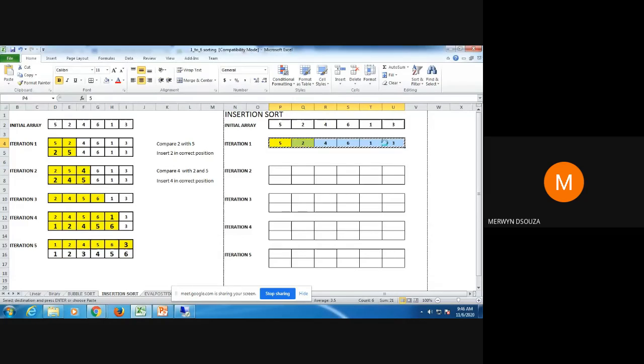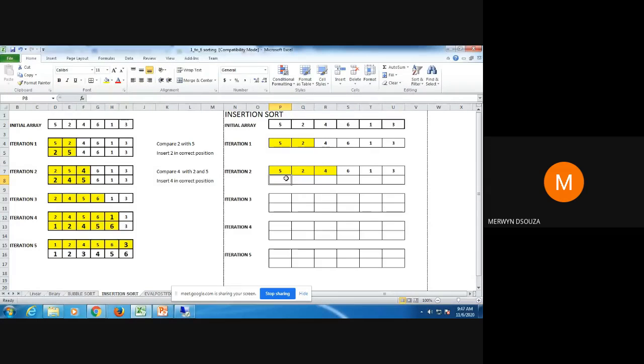In the next iteration, we are going to include one more element for comparison. So we're going to include 4. We're going to compare all these elements whether they are in descending order. So now when you compare, you see that 4 is not in the proper place. If we are going to put it in descending order, 4 is not in the proper place.